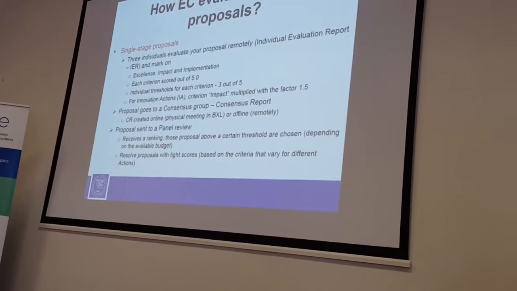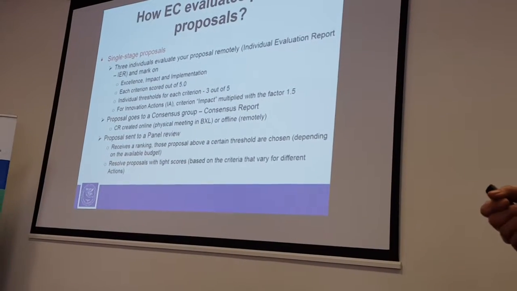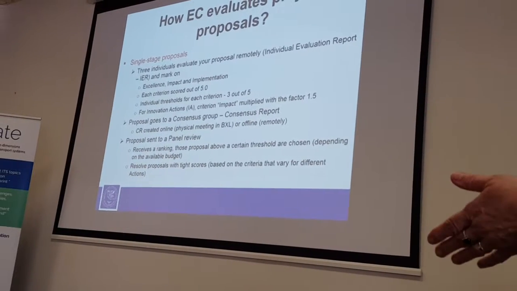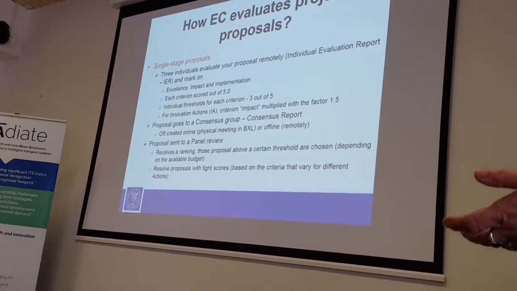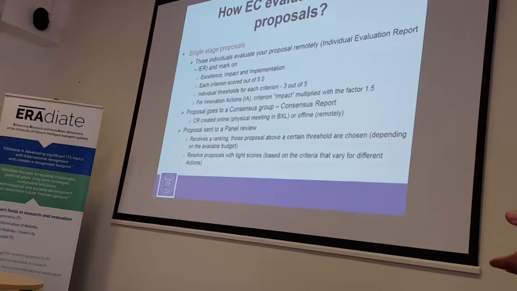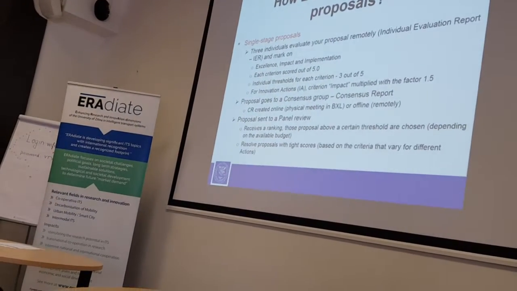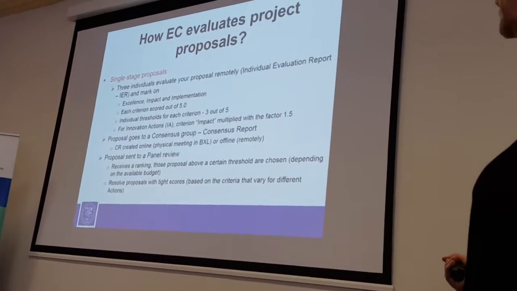It is different for different types of actions. For example, for innovation action, the criterion impact is multiplied by a factor of 1.5 because it's about innovation, so the expected impact should be much higher and more visible in the project proposal. Then a proposal goes to a consensus group which prepares the consensus report.